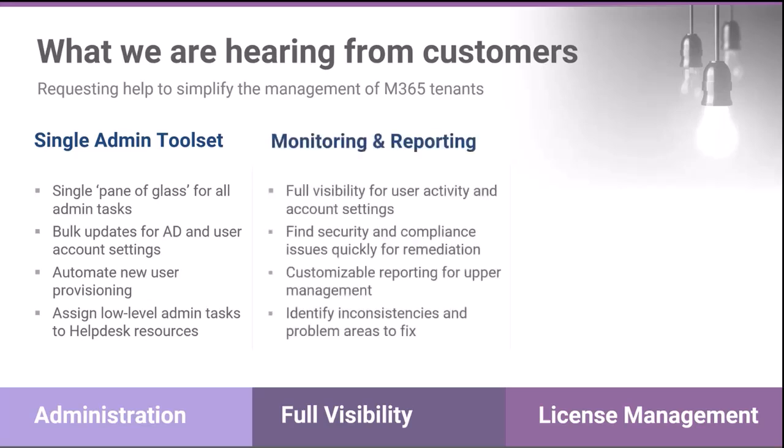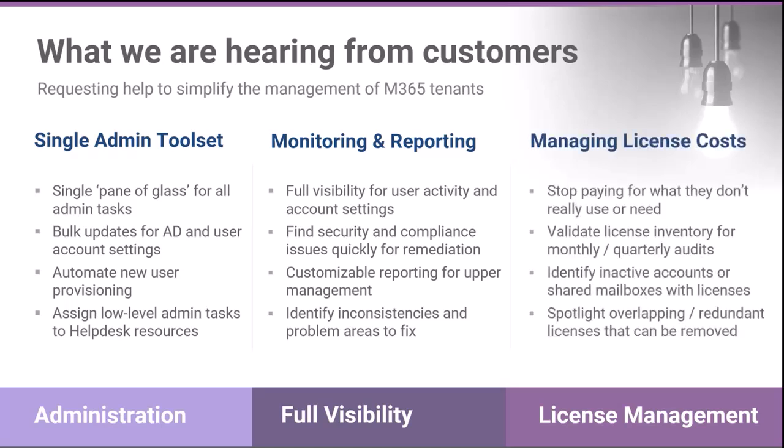And better visibility: bring all the information from the different segments together into a single system so we could manage it, do reporting, and do auditing, all together. And then, of course, managing license costs. This is really hard dollar savings for customers. They didn't want to keep paying for extra licenses that they weren't using or didn't need, or wanted a more proactive approach to manage their licenses.